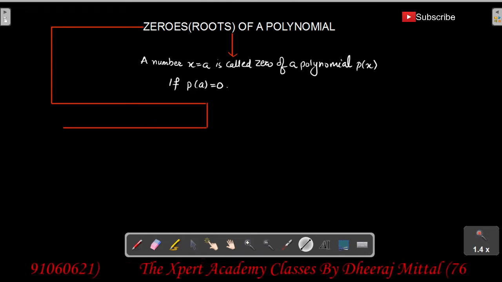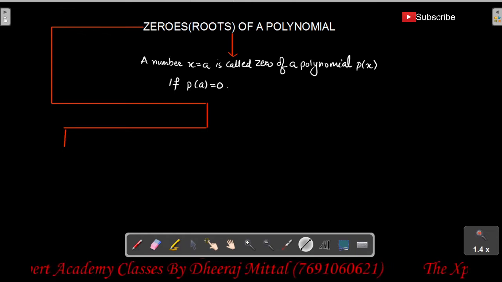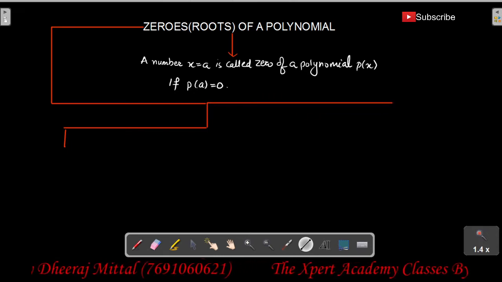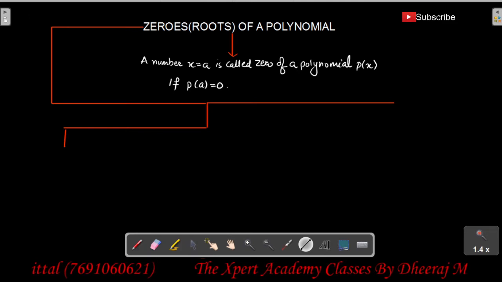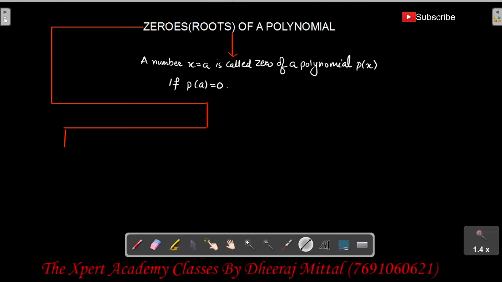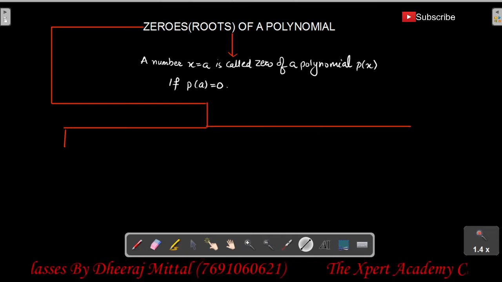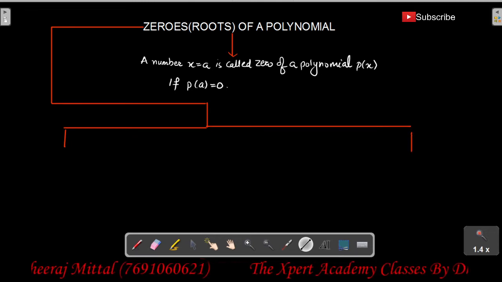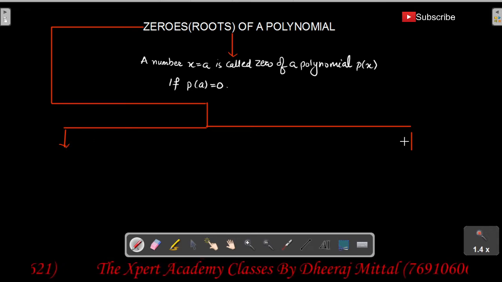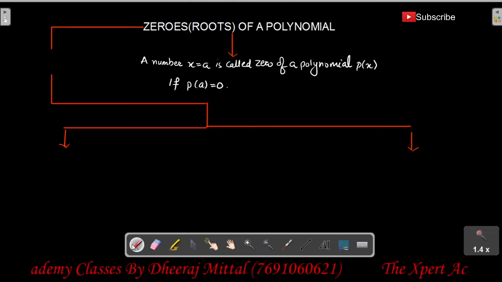So I make a chart here so you can easily understand. There are two ways to find the zeros of a polynomial. So the question in our mind is how we can obtain the zeros of a polynomial.